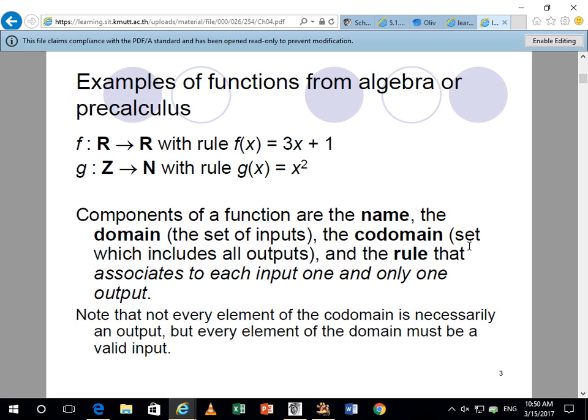And you can see from this, x is an integer. That means it can be negative infinity, including 0, to positive infinity. When we square it, all negative numbers become positive. So basically we have the set of integers from 0 to infinity, which is the set of natural numbers.